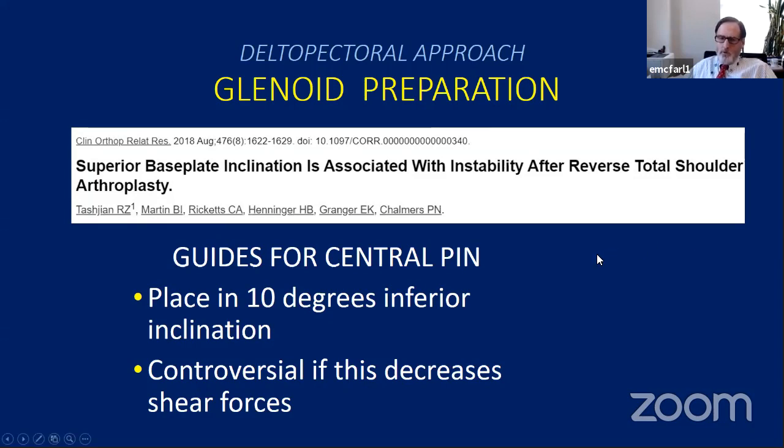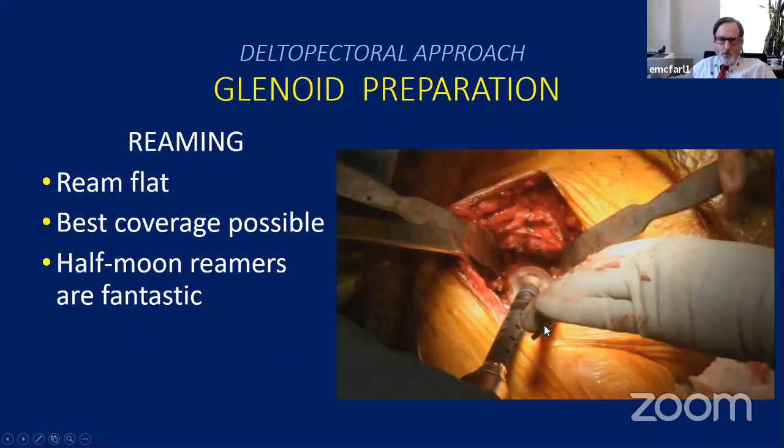So you want the pin preferably in 10 degrees of inferior inclination. You don't really want it in neutral, but certainly you don't want it in superior inclination, which can happen particularly in cuff tear arthropathies where sometimes large portions of the superior glenoid are missing. So again, you have to be very familiar with the anatomy and know what you're doing.